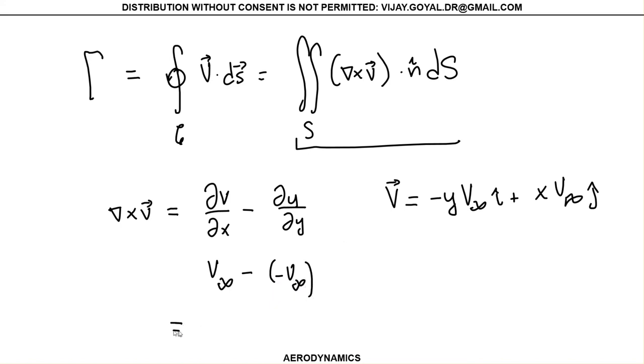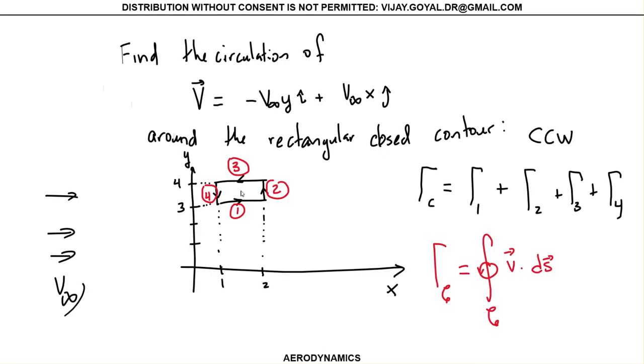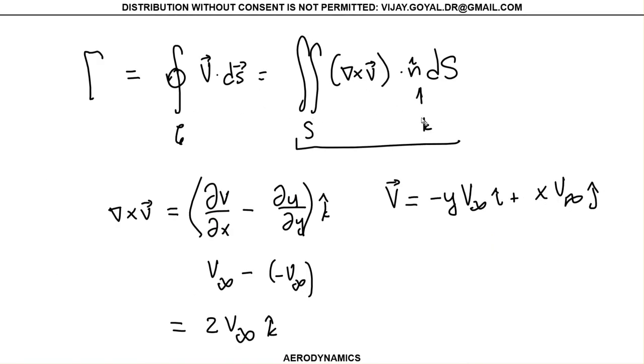So all of this actually gives me equal to 2 times v infinite, right? Minus negative becomes positive. Okay, so this whole thing, and this is all going to be in the k, sorry, so this is a k. And this is also k because this is where your surface is applied, is going inboard, outboard. So your problem is going in this direction, so it's going inboard, outboard.